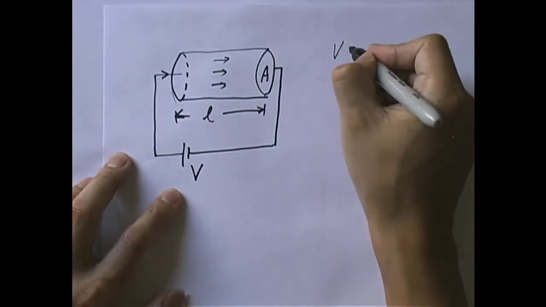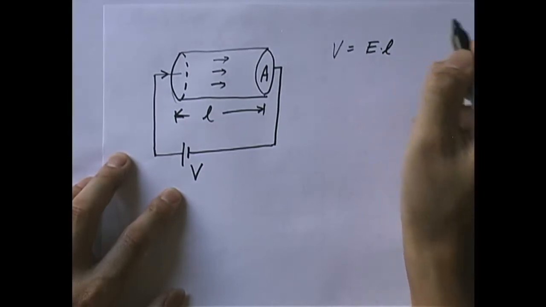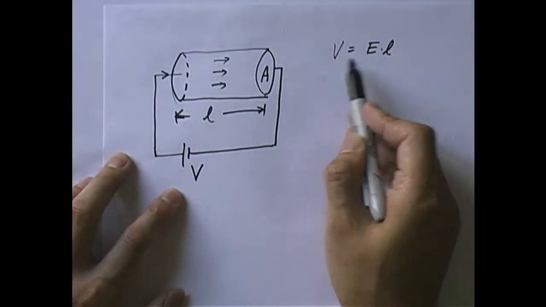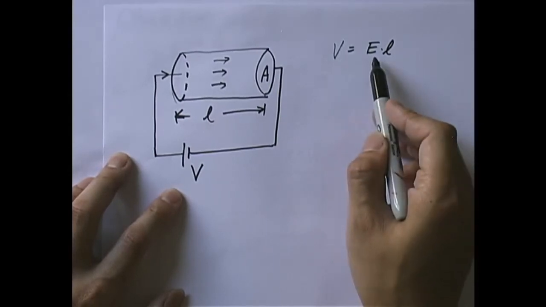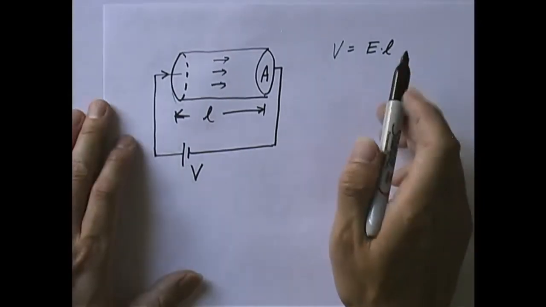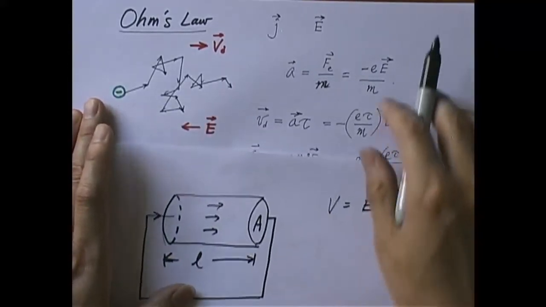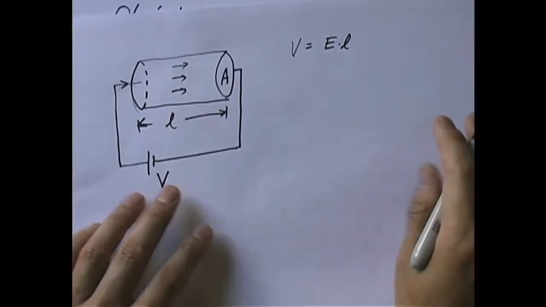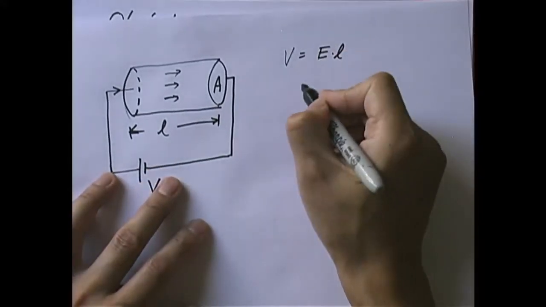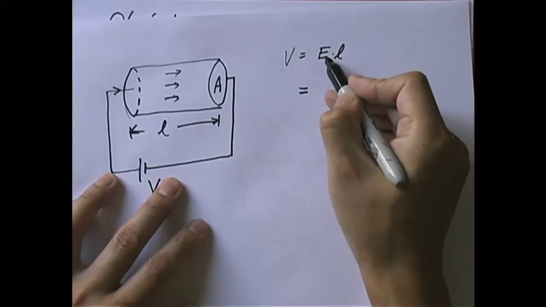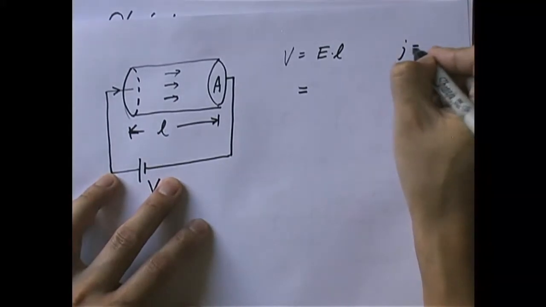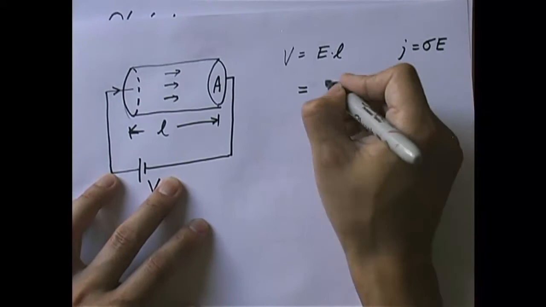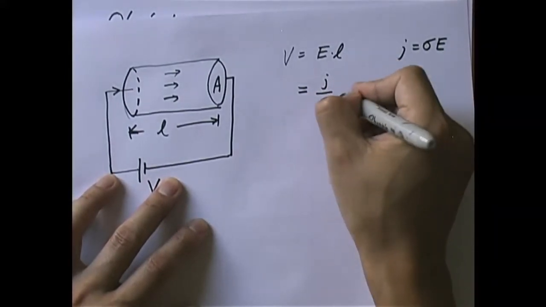Well, it's clear that V equals E times L. Now, if we know what V is, we know what L is, we can find E, which is V over L. But on the other hand, once you know E, you can also get the current density, right? It's just sigma times E. So therefore, because J equals sigma E, I can further write E as J over sigma. So V is J over sigma times L.